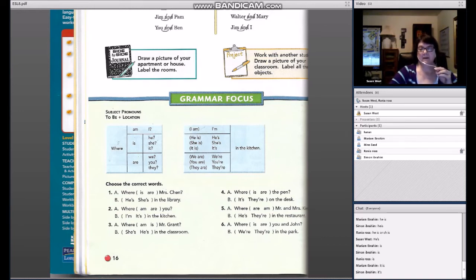That's correct. And it's singular. They're only asking for one pen. If they were asking where are the pens, we would say they're on the desk. But since it's one pen, the verb is, and the pronoun is it's.